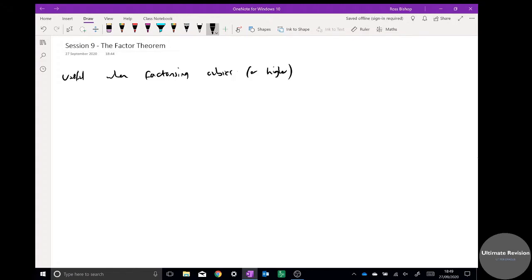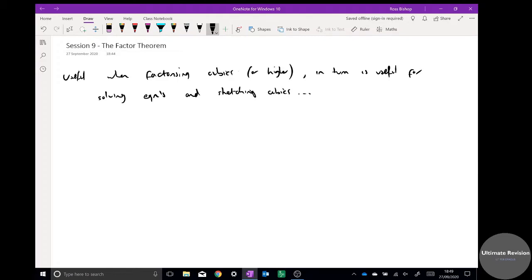So it's useful when factorizing cubics or higher, which in turn is useful for solving equations and sketching cubics or quadratics or even higher. Okay, so that's what the point of it is.